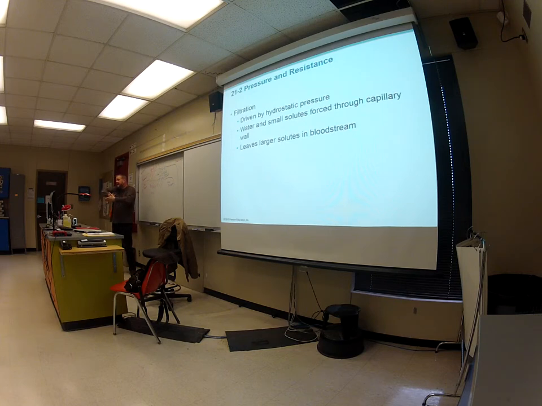We actually suck it back in with colloid osmotic pressure, because we're going from highers to lowers. Always. So in here, hydrostatic pressure pushes it out. In here, colloid osmotic pressure draws it back in. Okay?